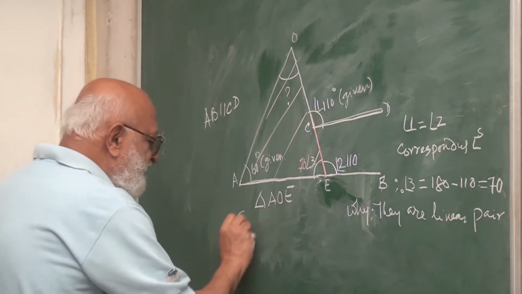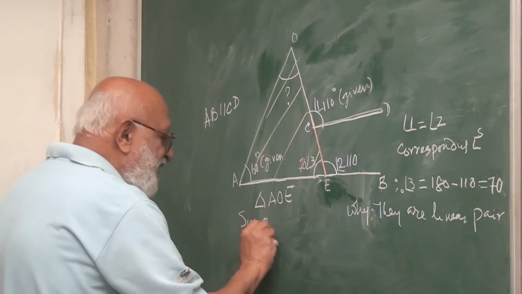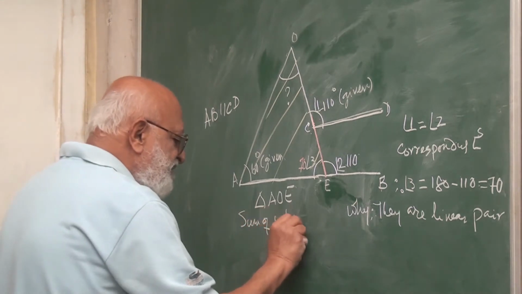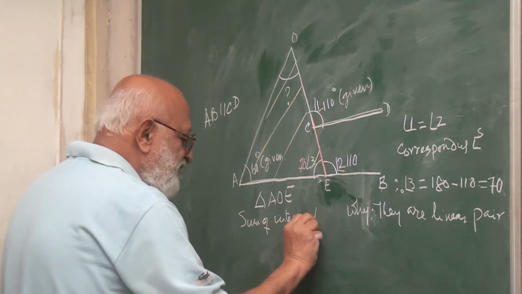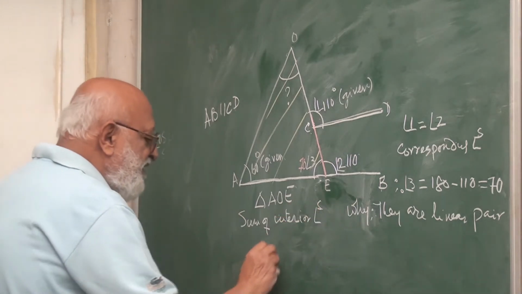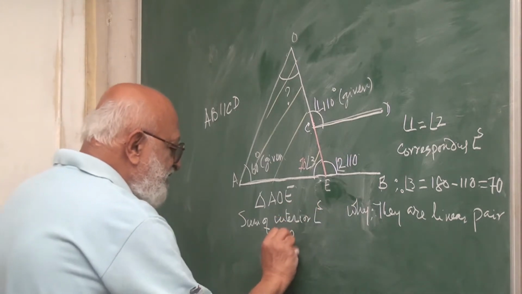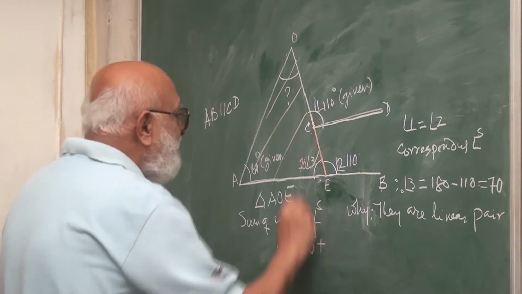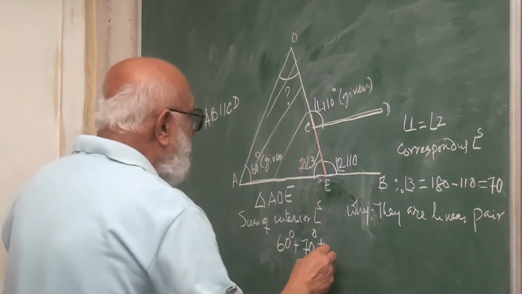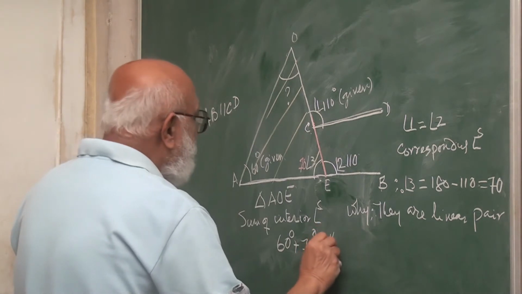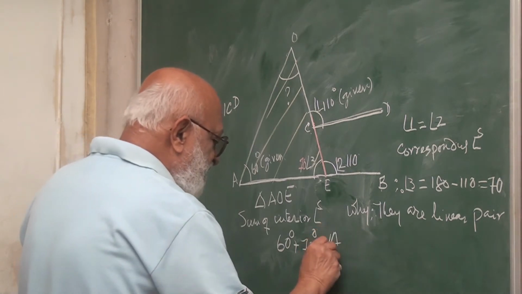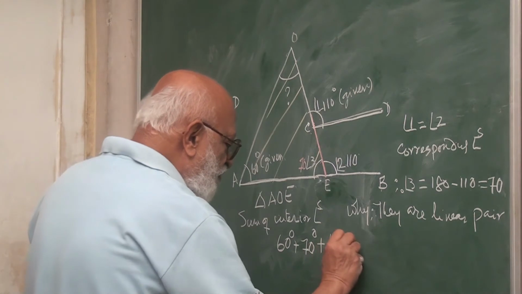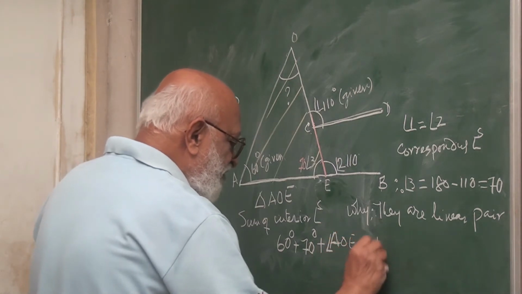The sum of interior angles will be 60 degree plus 70 degree plus angle AOE, equal to 180.